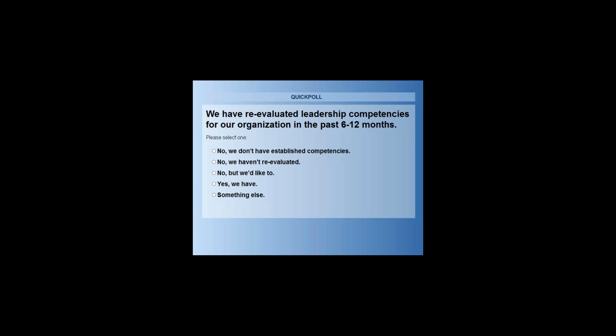No, we haven't reevaluated: I think we're going to give you some interesting things to think about, and a starting place for a reevaluation. Same thing with no, but we'd like to. This is not a mysterious process. A lot of organizations and a lot of people in the consulting world like to make this seem very mysterious, and you need all kinds of magic, but you don't.